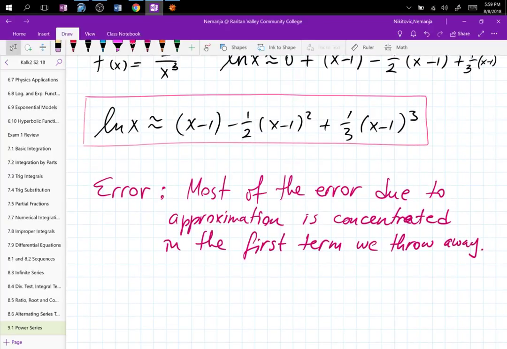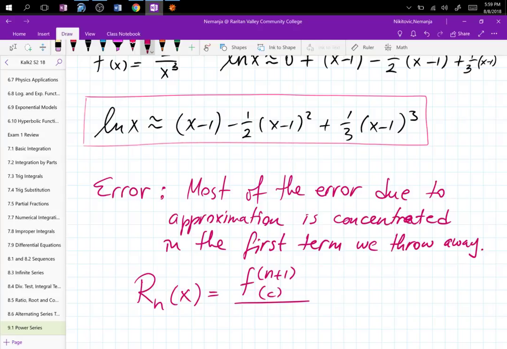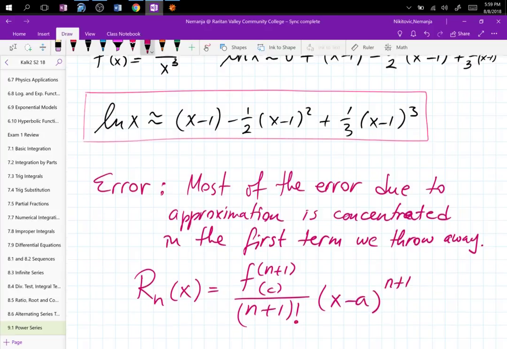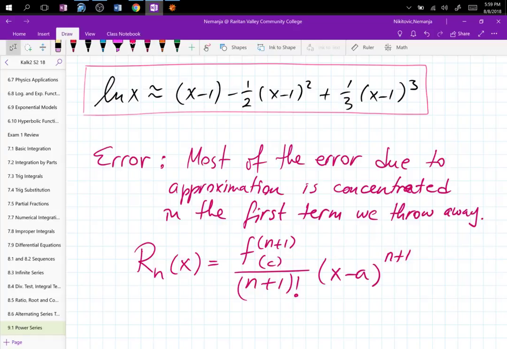So the Rn of x is f to the n plus 1, the derivative computed at value c, divided by n plus 1 factorial. This is the next term, times x minus a to the n plus 1. Right, this is the standard. So you see it's a derivative, but it's just the next value divided by the next factorial, and then you have your x minus a to the next power.